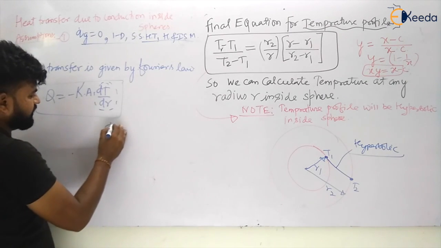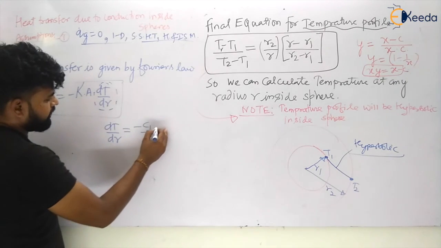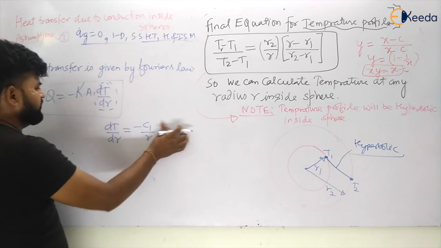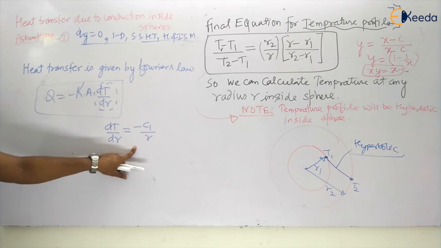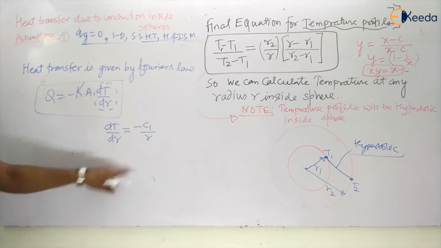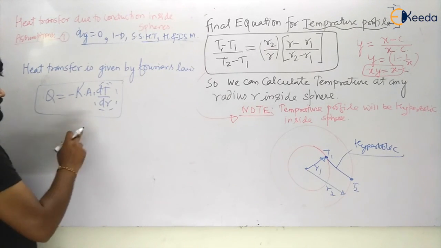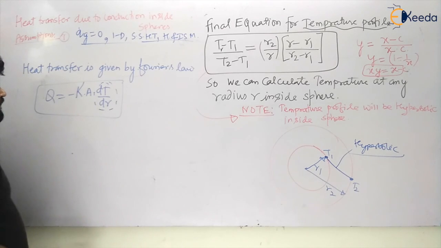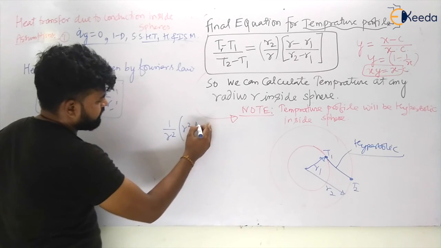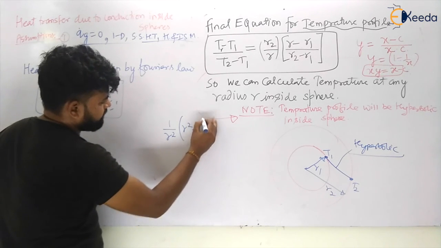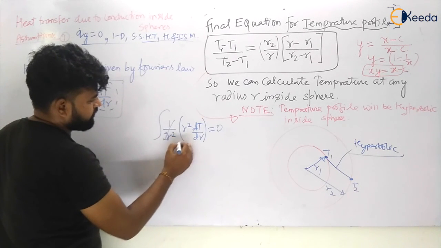So the value of dT by dr I know is equal to what? Something like this, C1 by R plus C2, or it was only C1 by R. When I was integrating, this was becoming what? Let us see. When I was integrating, d by dr of R square dT by dr is equal to 0.